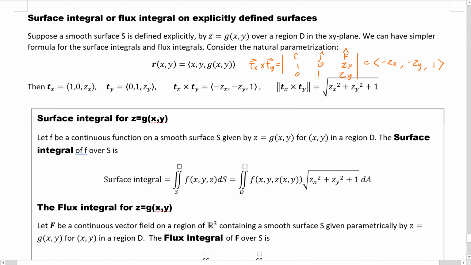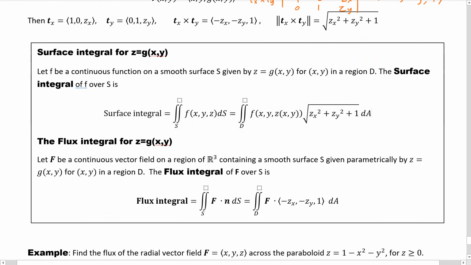So, the surface integral on the surface z equals g(x,y). Let f be a continuous function on a smooth surface S given by z equals g of x, y for x, y in the region D in the xy plane.